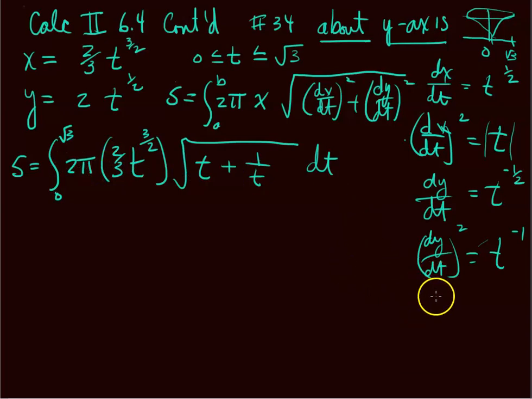Let's do that now. So we're going to let u equal t plus t to the negative 1. So du is 1 plus the derivative of t to the negative 1, which is negative 1 times t to the negative 2.